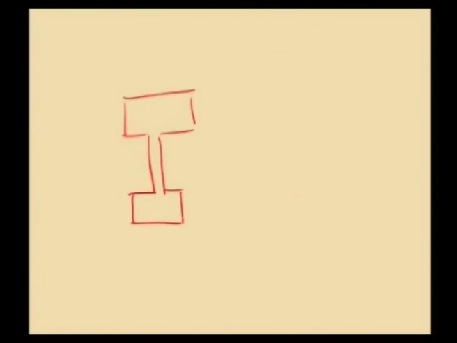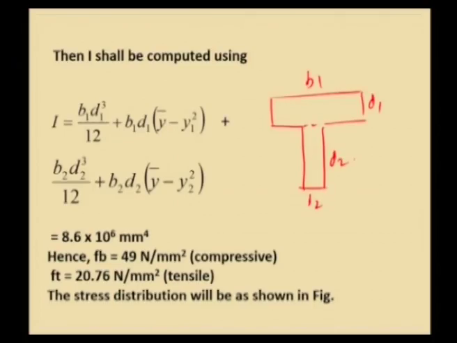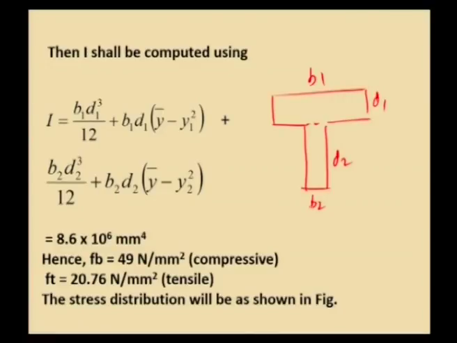Similarly, for the web portion, this is B2 and this is D2. The width of the web is B2 and the depth of the web is D2. Substituting the values, we have y bar, y1, y2 etc. So, we get the moment of inertia as 8.6 into 10 power 6 millimeter power 4.